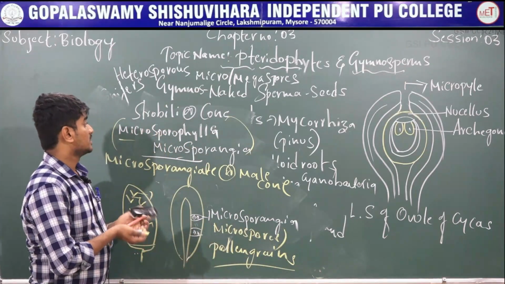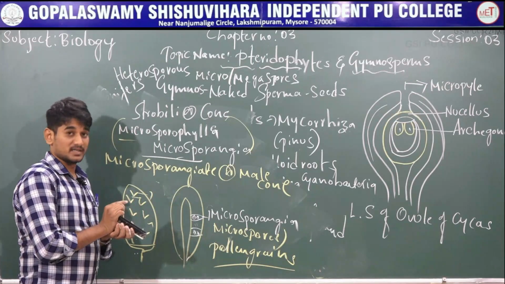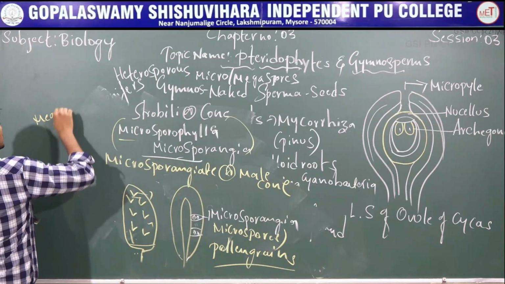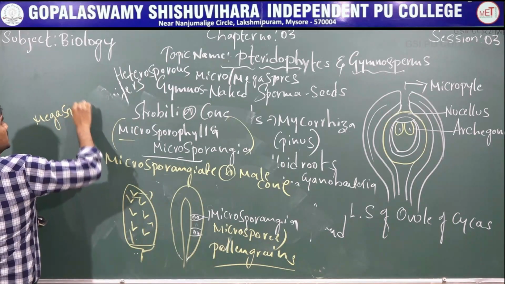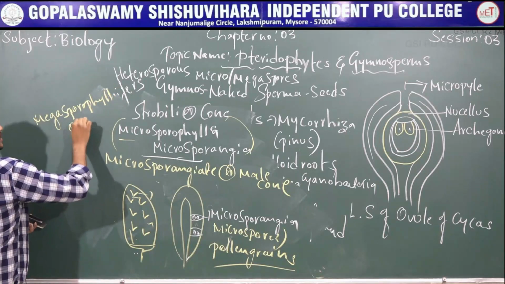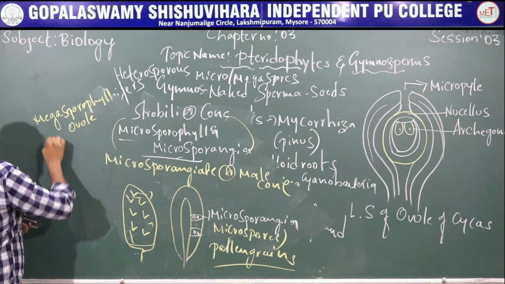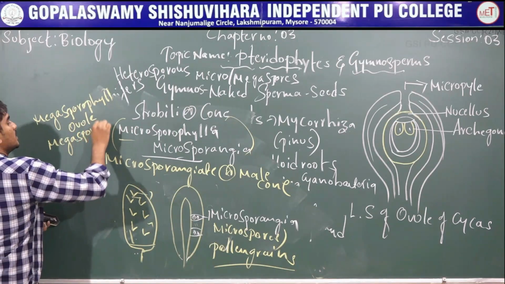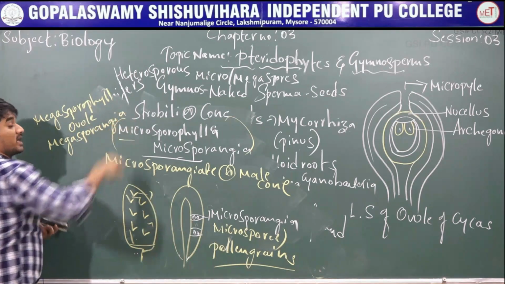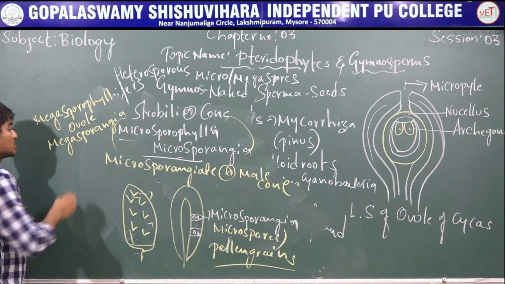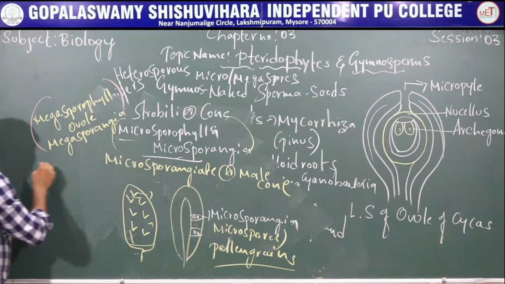Similar to this, if the cone bears megasporophyll along with ovule, which is also called megasporangium or megasporangia, it is called macrosporangiate.